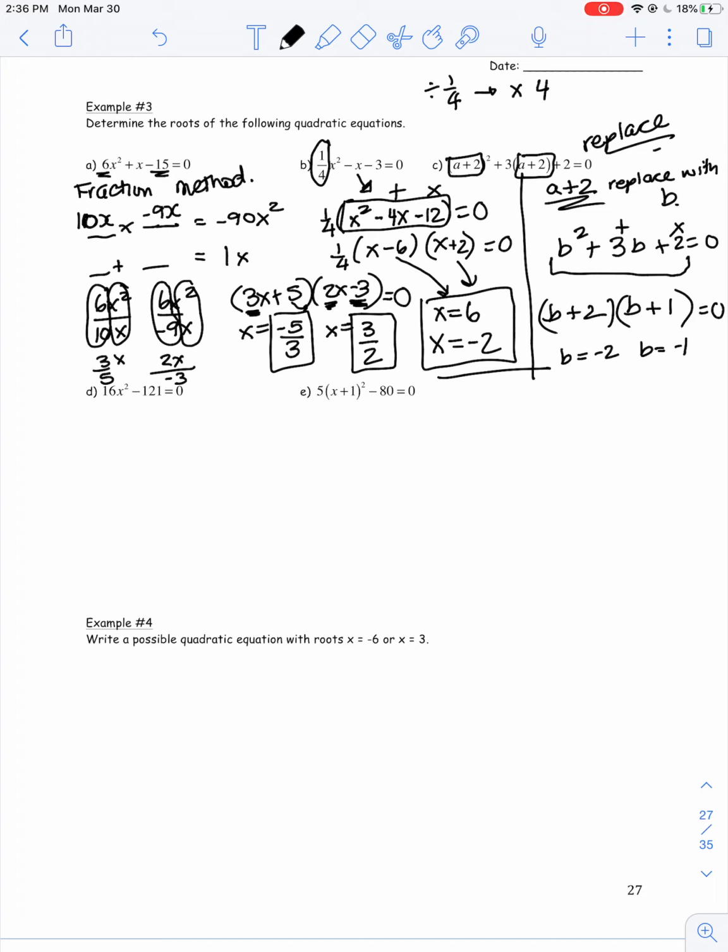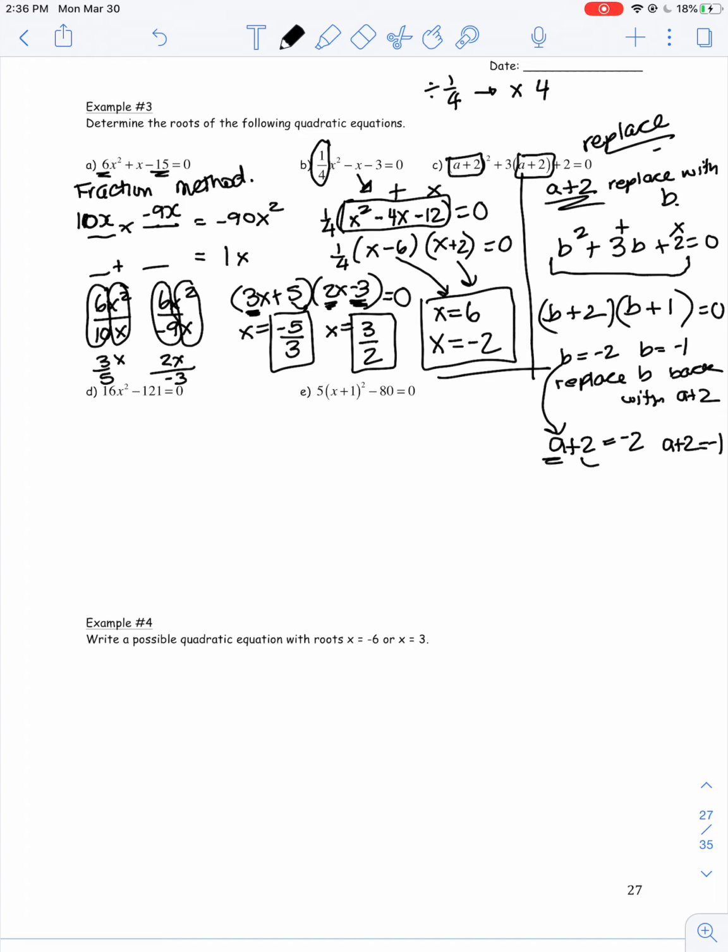But we want to solve for a, because remember, a is what we started with. We should have the same variables in the very end. So now you're going to replace b back with a plus 2. Wherever you see a b, meaning a plus 2, so b became a plus 2, then that equals negative 2.